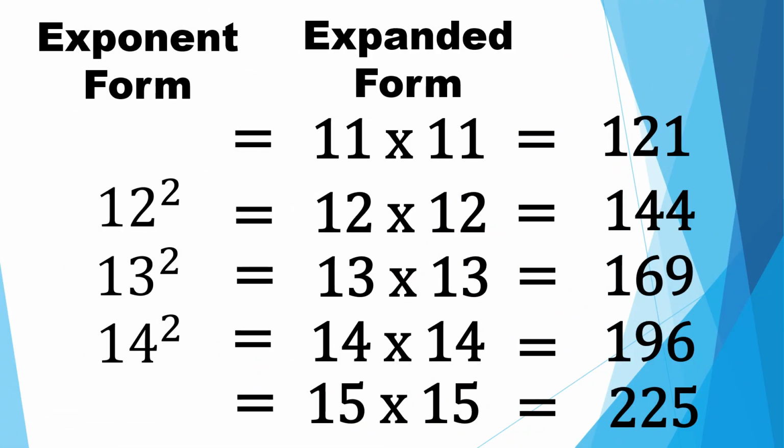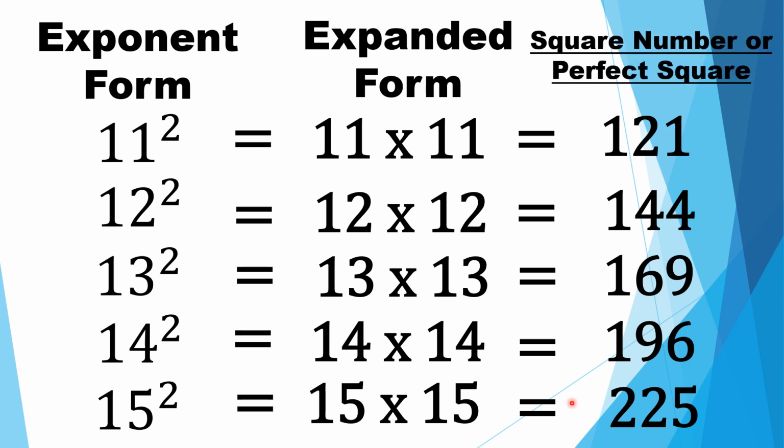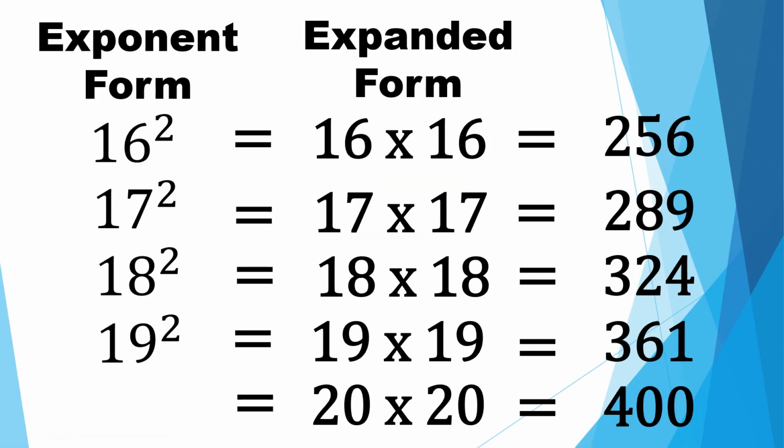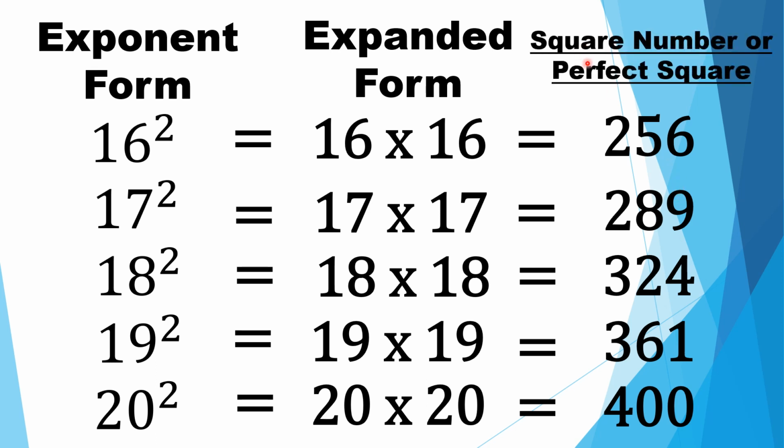We can also continue from 11 squared to 15 squared. So the products are square numbers or perfect squares. Same with 16 squared to 20 squared. The products are square numbers or perfect squares.